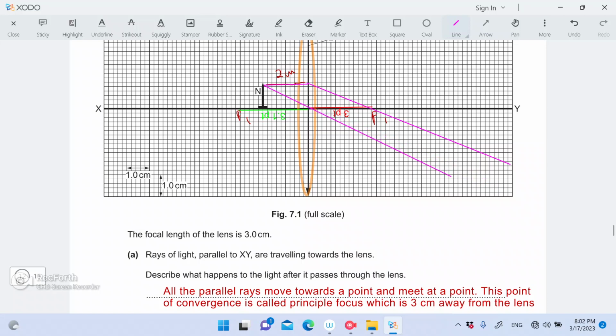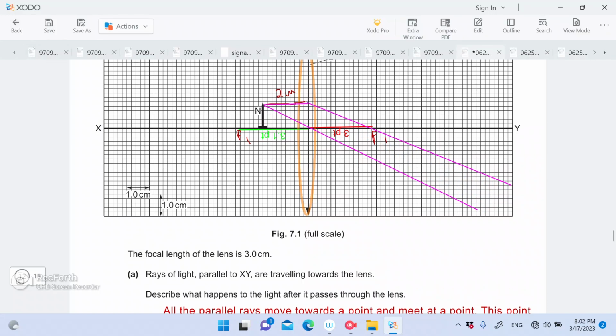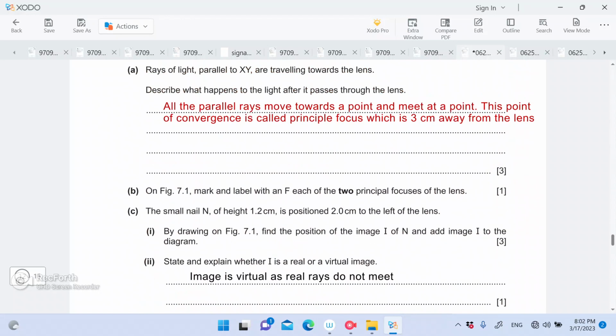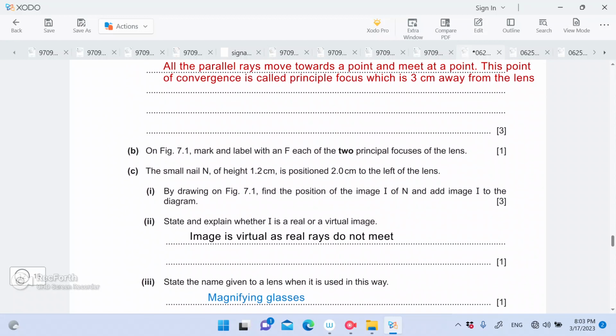And second one will be crossing the center of the lens. Yes, center of the lens. So okay, look at this, it's not meeting.